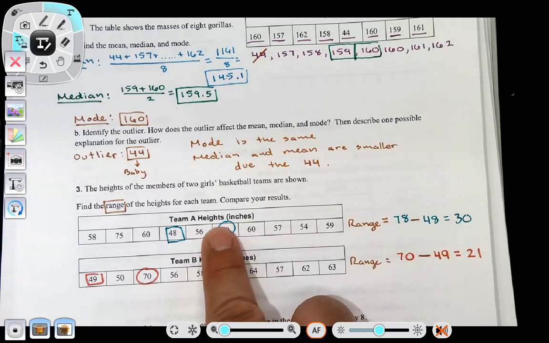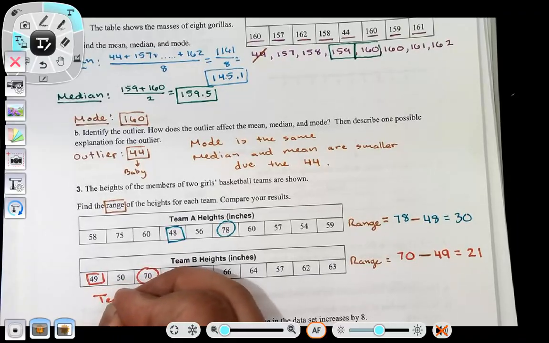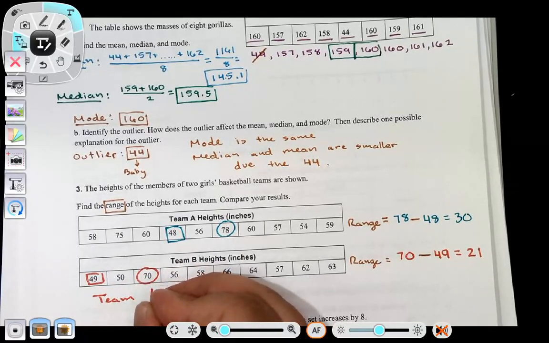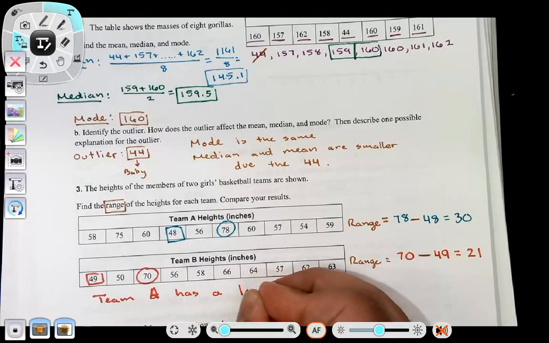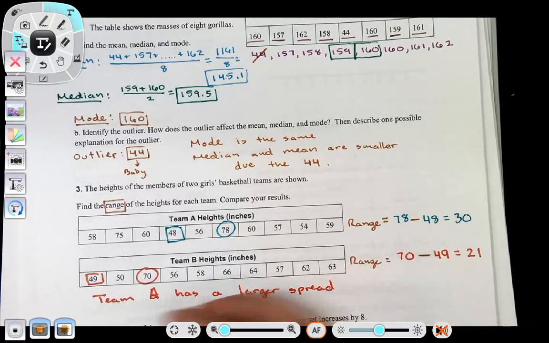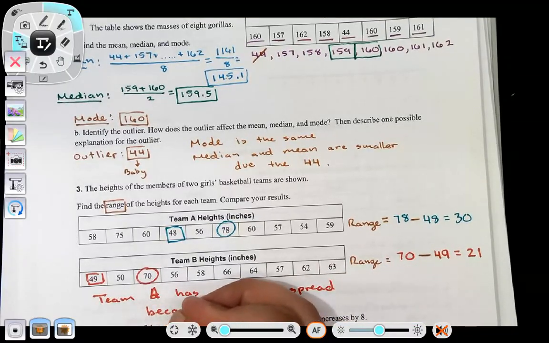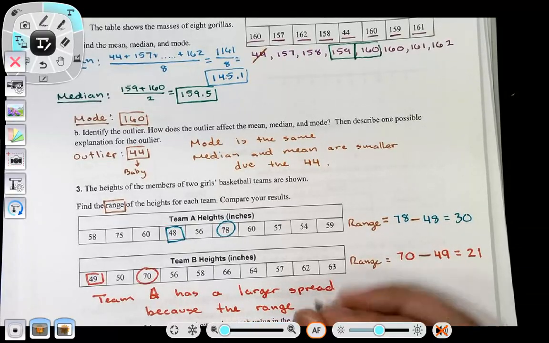Yeah, Team A, right? Team A has more spread. Team A has a larger spread because the range is larger. So remember, range and spread kind of go along.